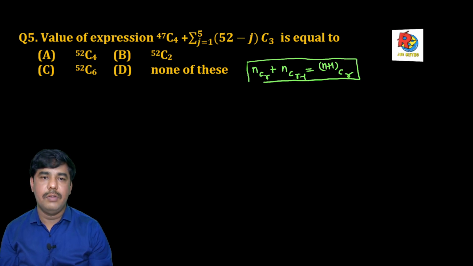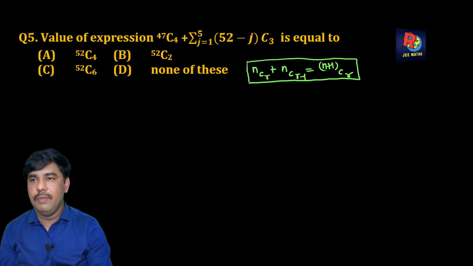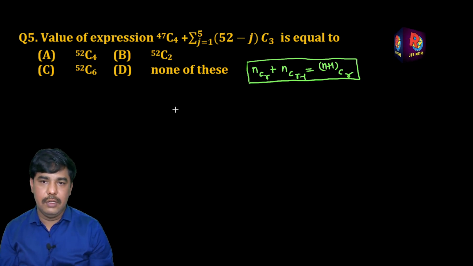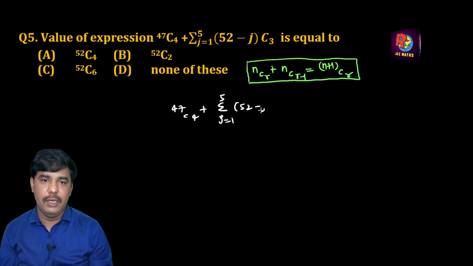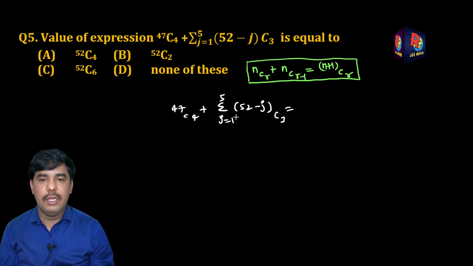Just you can observe here, what is the given information here? 47C4 plus summation of j equal to 1 to 5, 52 minus j C3. Here, j value we need to substitute from 1 to 5.